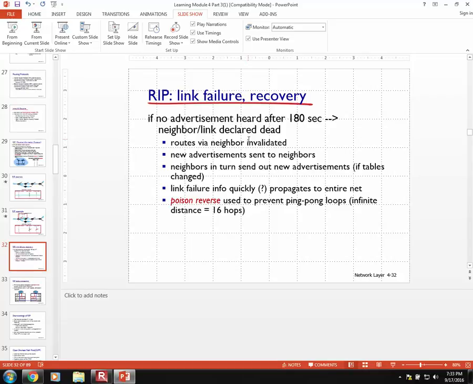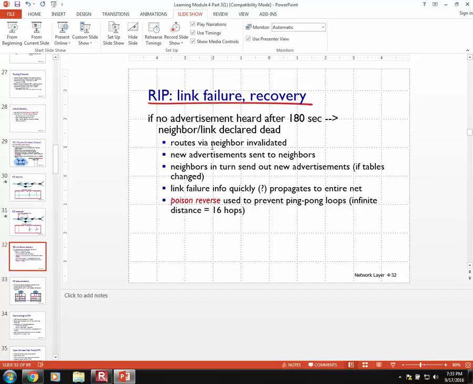Now, once we realize that that neighbor or link is dead, the routes via the neighbor are invalidated. New advertisements get sent to the neighbors to say, hey, don't go there. And neighbors in turn will send out new advertisements. So the link failure propagates to the entire network, and hopefully some alternate routes around that link will get propagated as well.